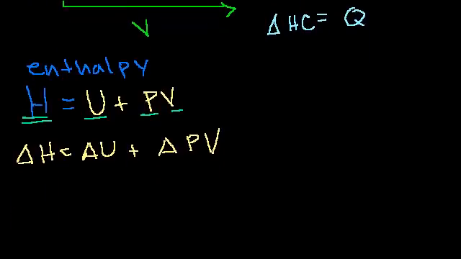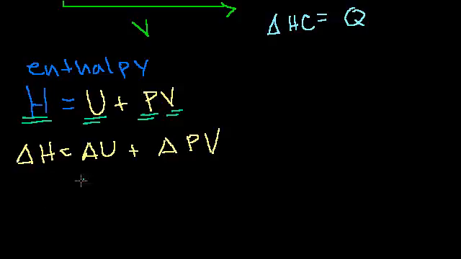So let's see if we can somehow relate this thing that we've already established as a valid state variable from the get-go, from our definition. This works because it's just a sum of completely valid state variables. So let's see if we can relate this somehow to heat. So we know what delta U is.